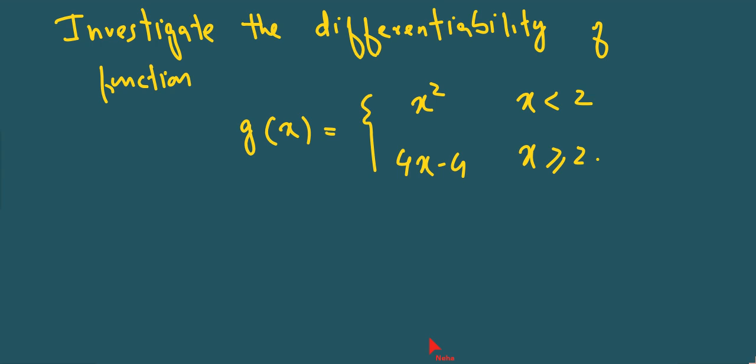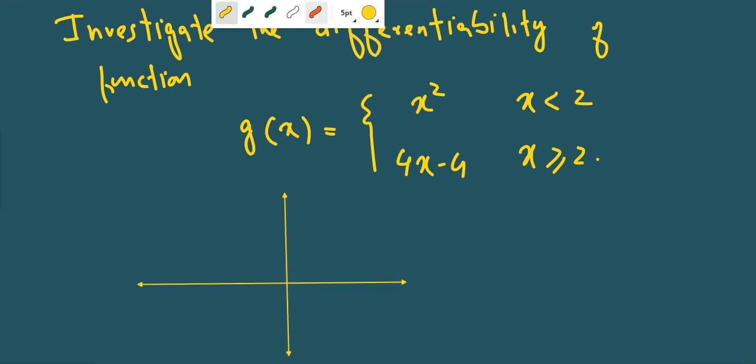From the graph we can check its continuity, or you can also check it in theory, but I will just give you the graphical method first. Initially, at 2 we have to break the function.